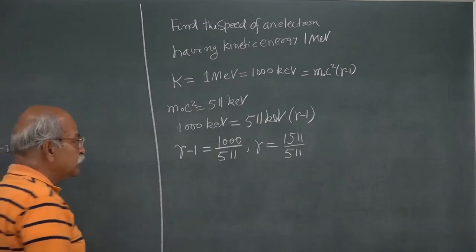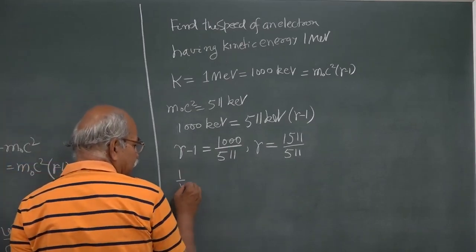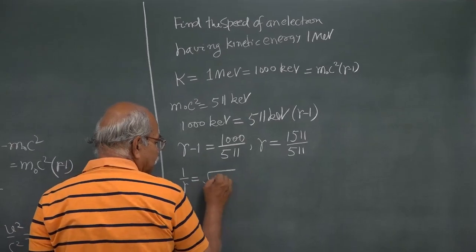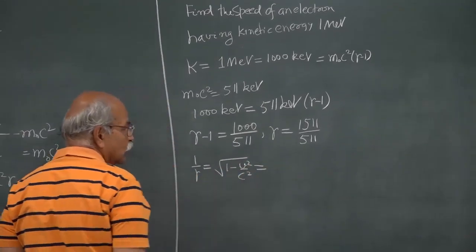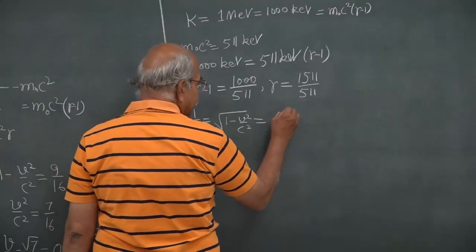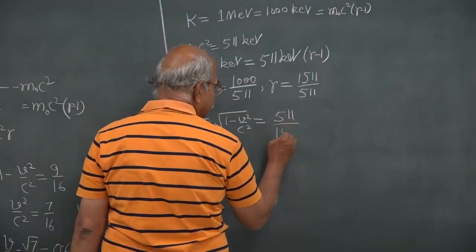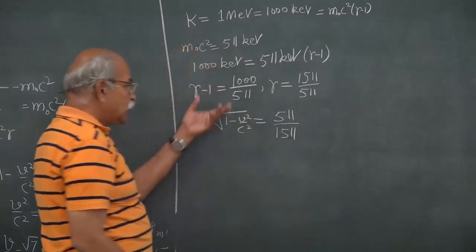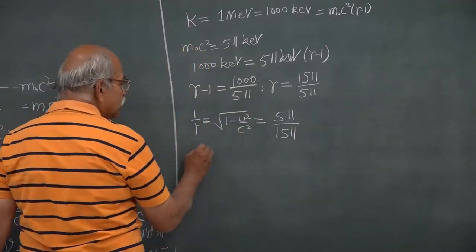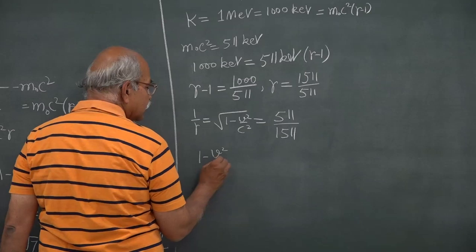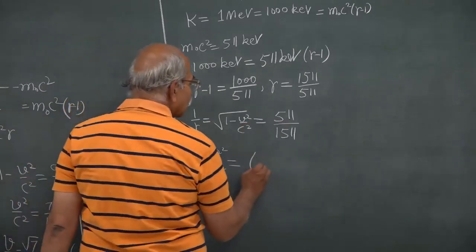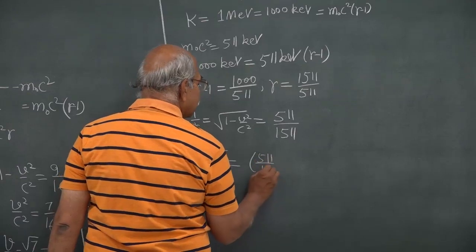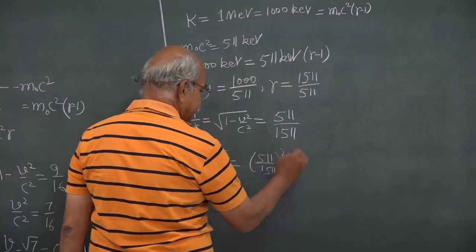And then you can write 1 by gamma, which is square root of 1 minus v square by c square, and that is equal to 511 divided by 1511. So square it to get 1 minus v square by c square, that is (511 by 1511) square.